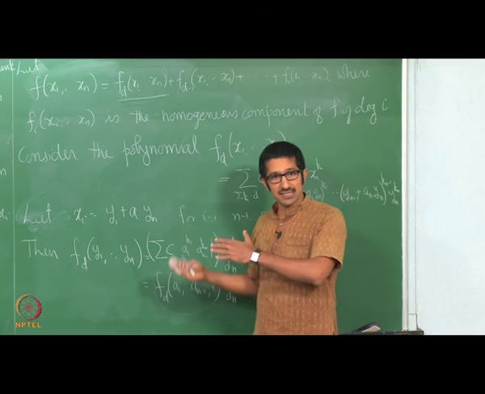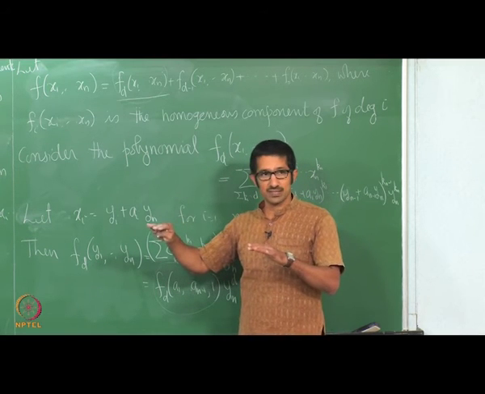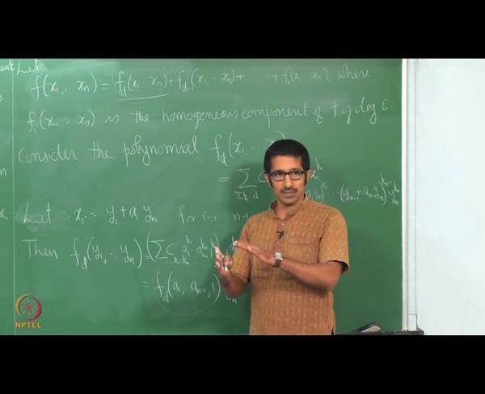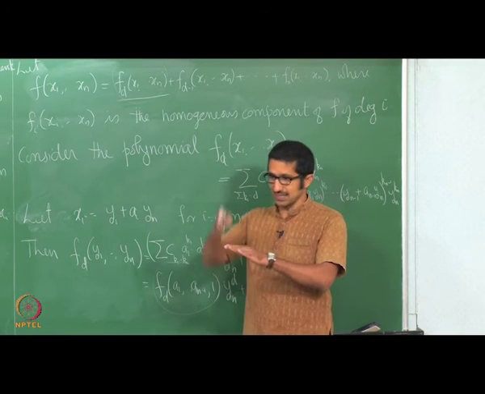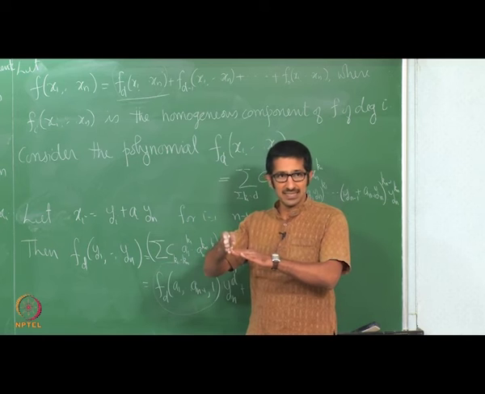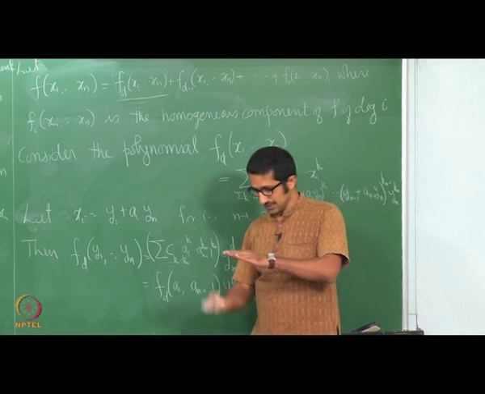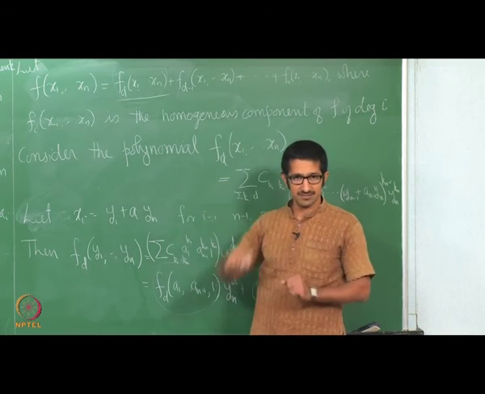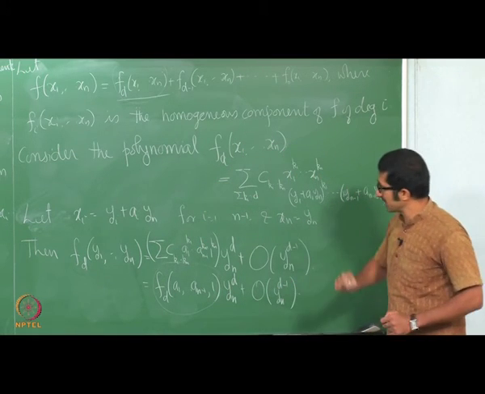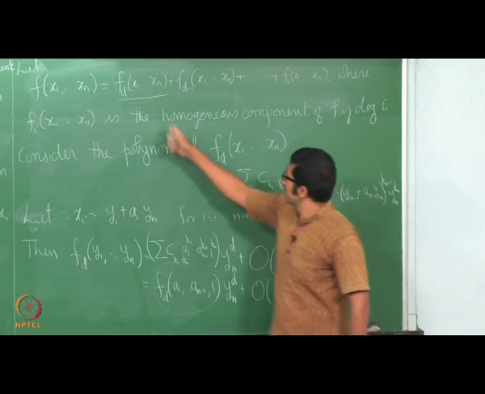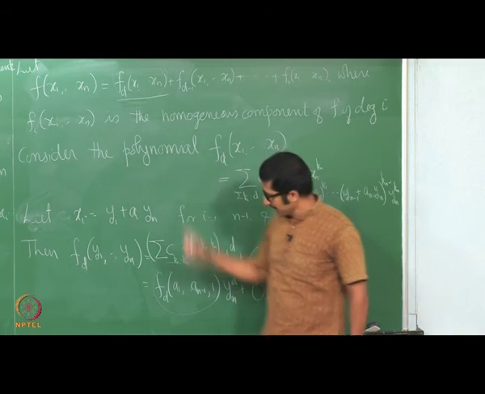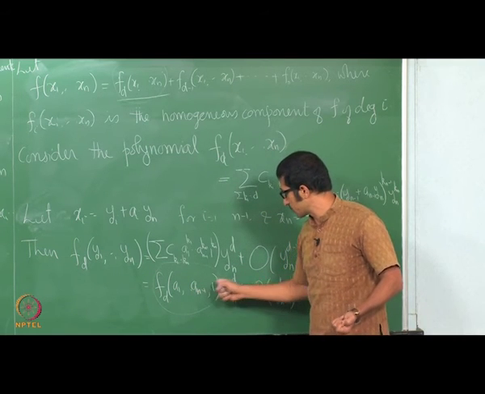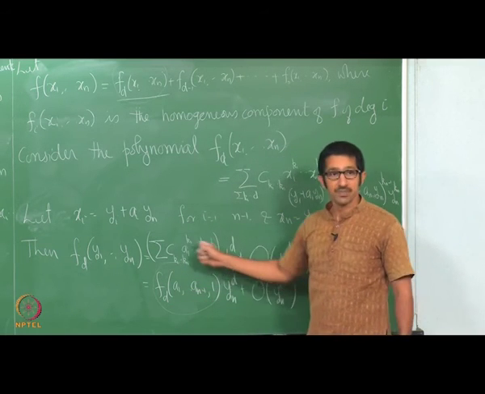Now you can apply induction on k of y1 up to y n minus 1, and get a polynomial ring which injects into it. This is integral, which will imply that this is finite. By induction this is finite, therefore this is finite. That is the idea. So the question is whether, given a homogeneous polynomial, we can always find some a1 up to a n minus 1 so that this becomes non-zero.